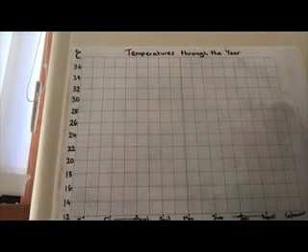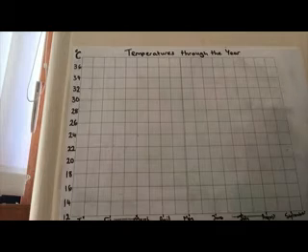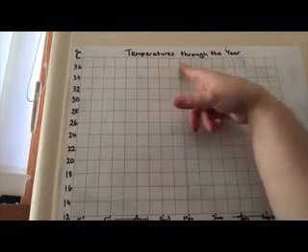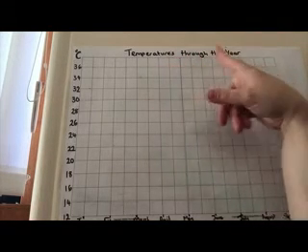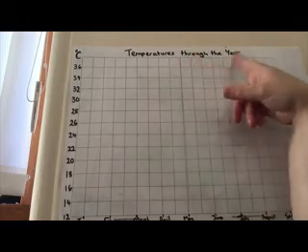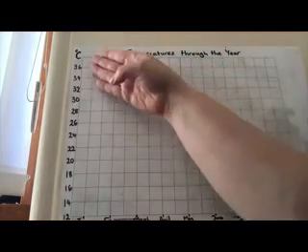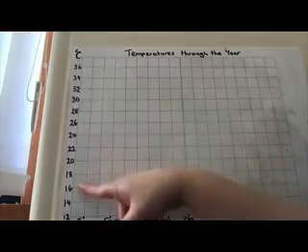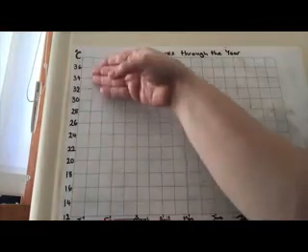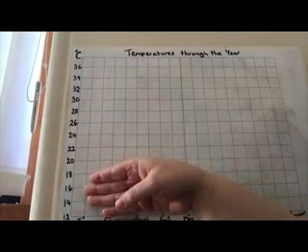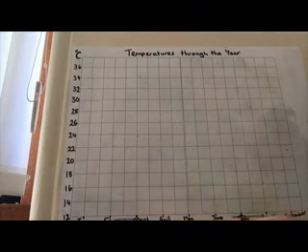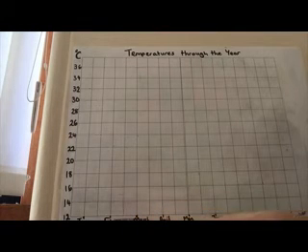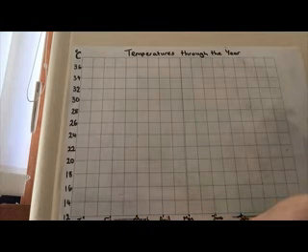This is an example of a line graph. I have my title of my graph at the top. In this case, temperatures through the year. I have my temperatures, my continuous data, so my continuous information down the y-axis, and I have the months of the year along the x-axis.